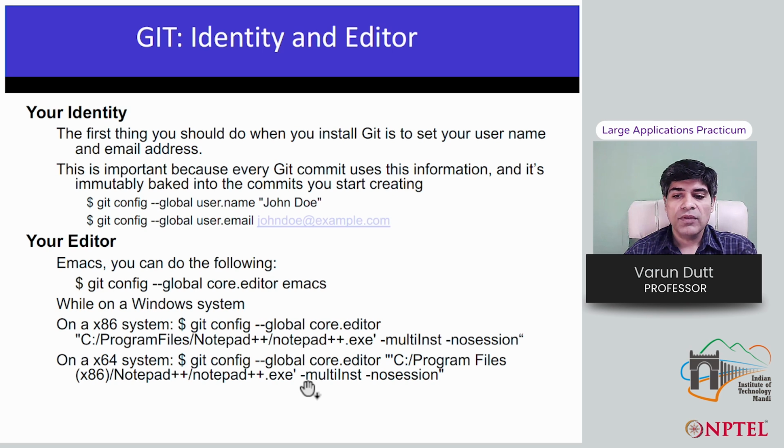In this case we are giving it the 32-bit version, x86. This is basically giving the path to the executable of the editor. You also need the editor because whenever you commit, you may have to write a line or two as to what is in the commit, what you are trying to commit. So those remarks are actually written in the editor.